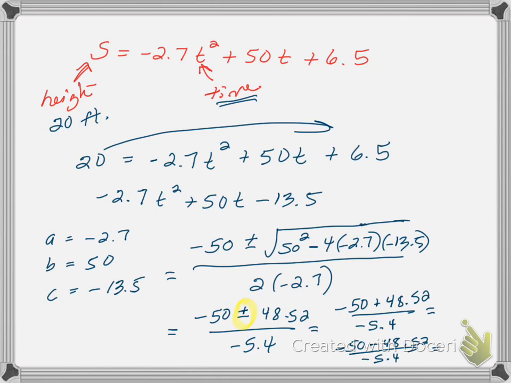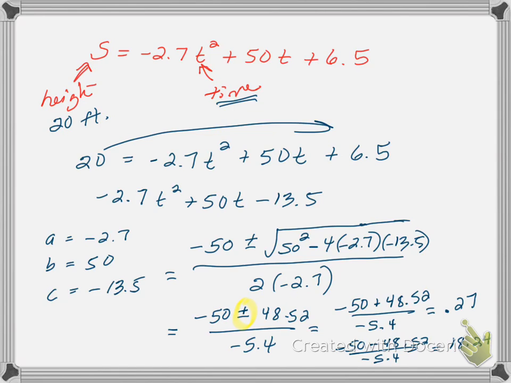So let's enter that in. Negative 50 plus the 48.52 divided by negative 5.4, I come up with 0.27. For the other, negative 50 minus the 48.52, divided by the negative 5.4, I come up with 18.24.